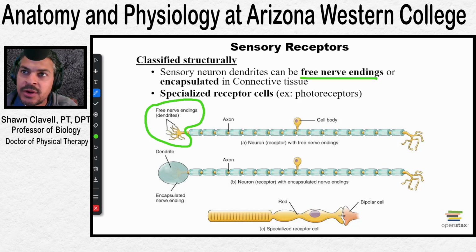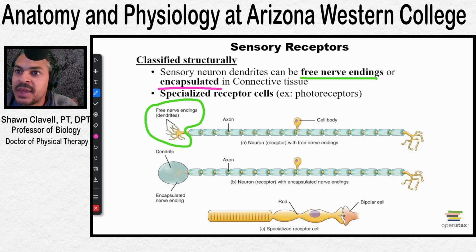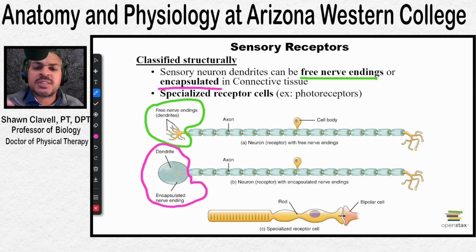The dendrites are encapsulated in a connective tissue. So what is it about this encapsulation? Well, the encapsulation actually increases the sensitivity of the neurons. So in neurons that are responsible for very light touch and vibration, you'll find an encapsulated nerve ending.